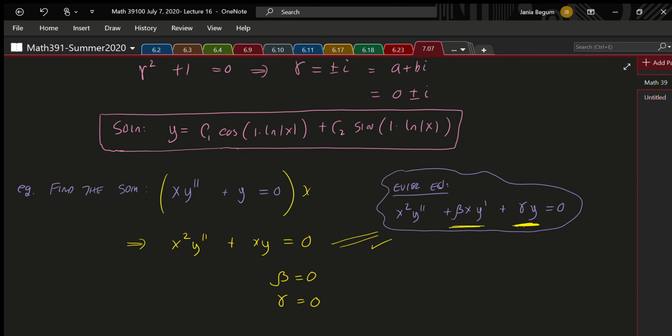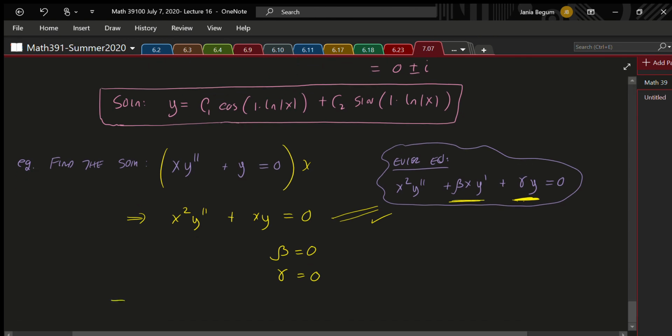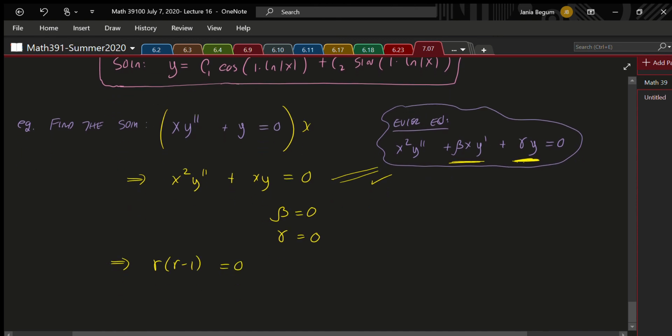So if these coefficients are 0, our indicial equation is just going to be r times r minus 1 equals 0. And that gives you r equals 0 and r equals 1. So you have two distinct real roots. Our solution is going to be y equals c1 x to the 0, that's 1, plus c2 x to the 1. So that would be the solution to this.